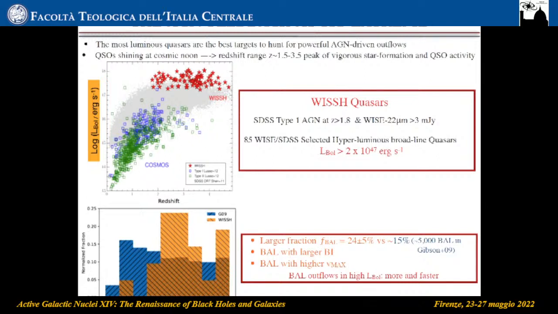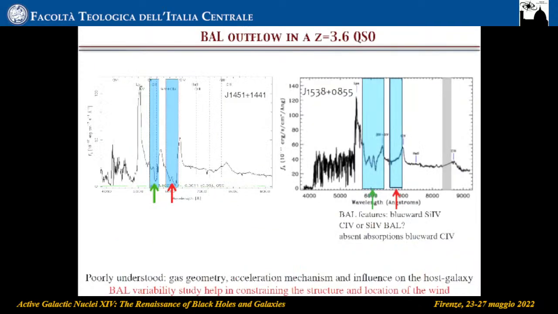And moreover, looking at the WISSH sample, we discovered two ultrafast outflows in the UV. What does ultrafast mean? In general, we can see BAL blueward of the carbon-4, blueward of the silicon-4, and so on for different ions. In this case, which is the quasar J1538, we observed BAL blueward of the silicon-4 without any absorption for the carbon-4.